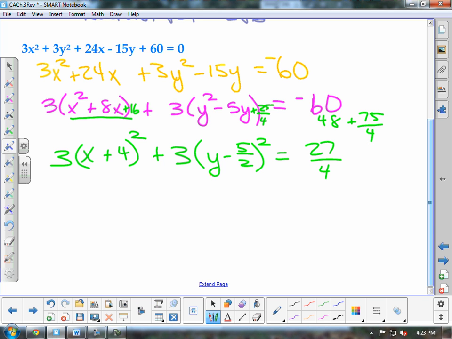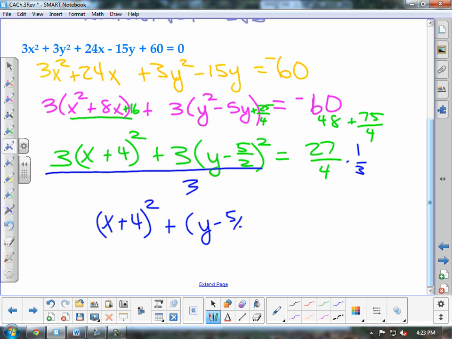And then the last thing you would have to do is divide this all by 3 and multiply by 1/3 on this side. So then you would get x plus 4 squared plus y minus 5 halves squared, and that will equal 9 fourths.